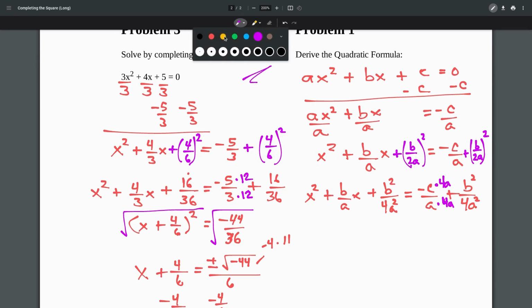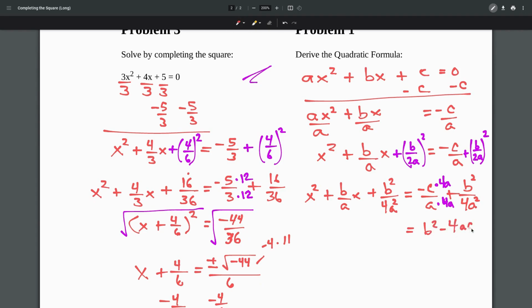And if I rearrange the fraction on the right, I'm going to get b squared minus 4ac. Now that I have a common denominator, it's going to be all over 4a squared. And this is a perfect square trinomial on the left. So this is going to factor into x plus b over 2a squared.